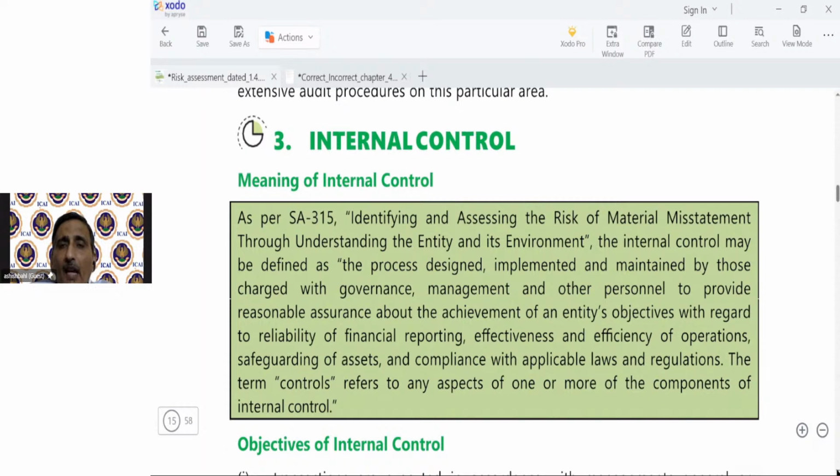Yes, you can write, but you cannot change the meaning or intent. Say when you are writing the meaning of audit risk, say it is a 2-mark question, then obviously you would have to write that audit risk is the risk of expressing an inappropriate opinion by the auditor when financial statements are misstated.